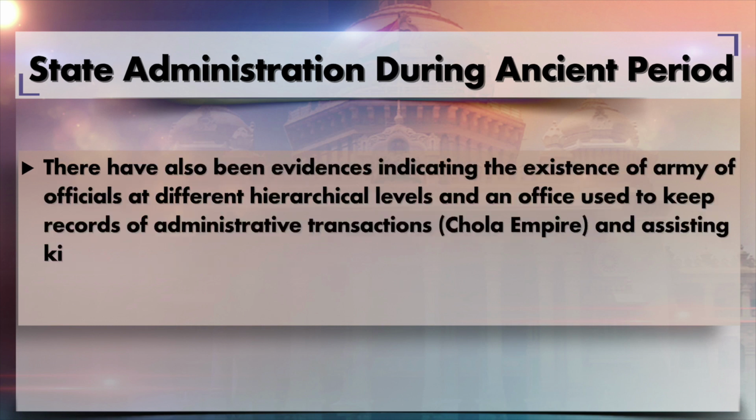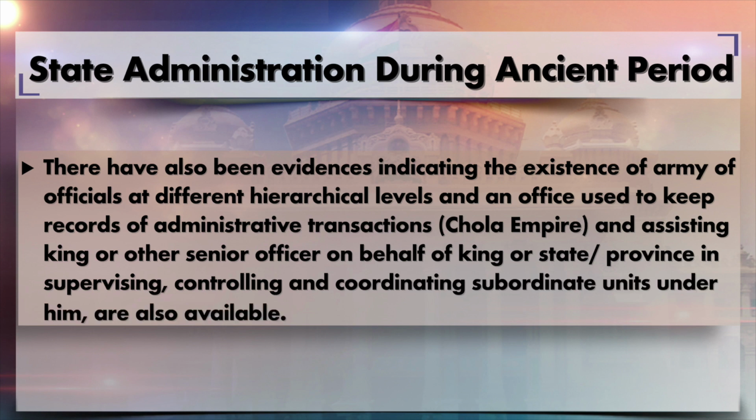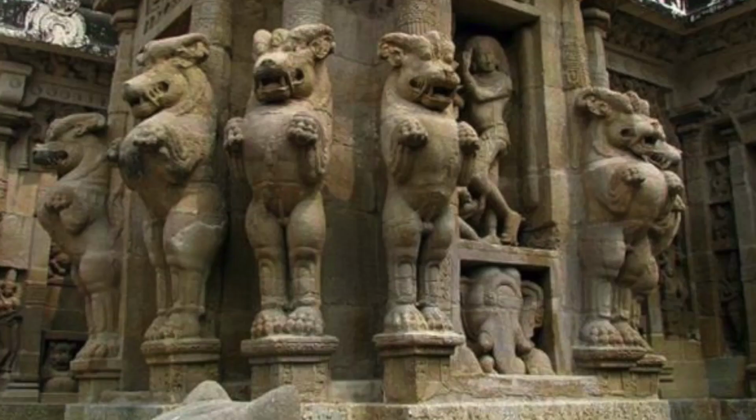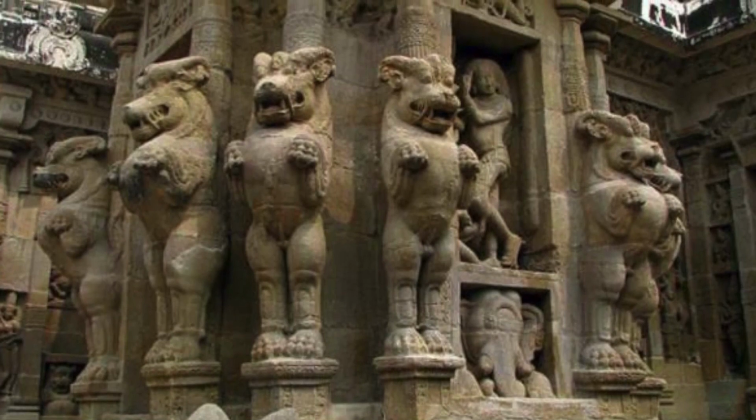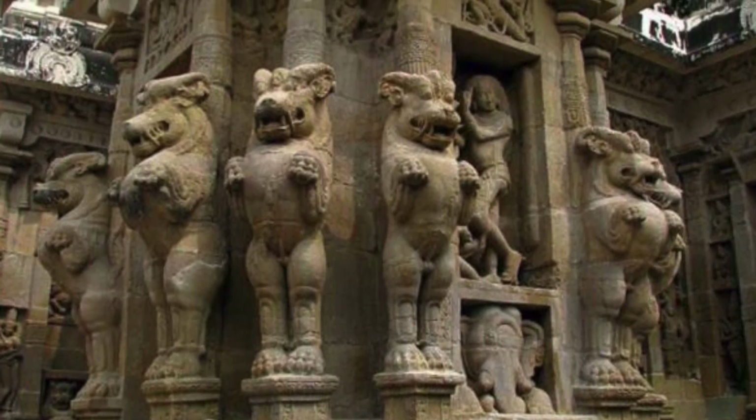There have also been evidences indicating that there was an army of officials, and that army of officials was organized in different hierarchical levels. And from the Chola kingdom, there is an example that they used to keep governmental records.